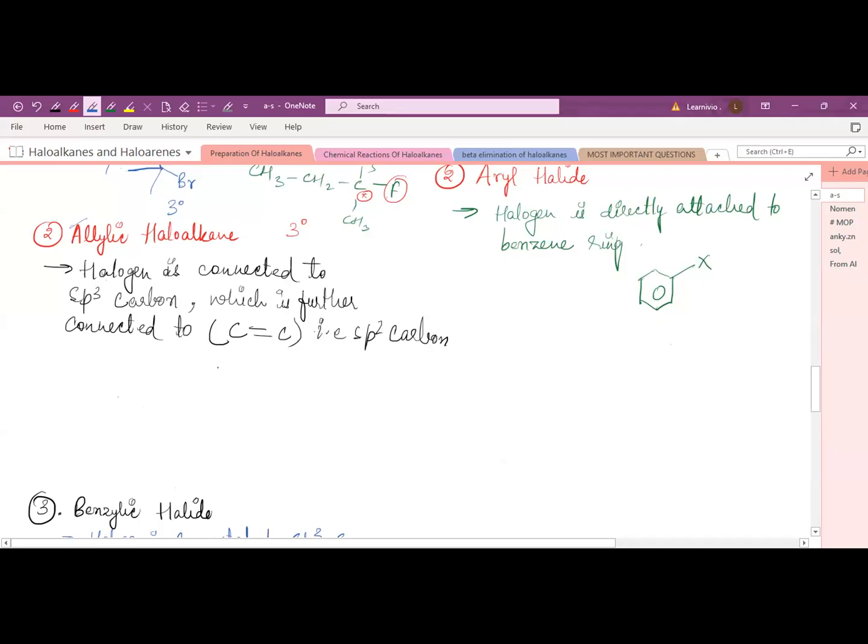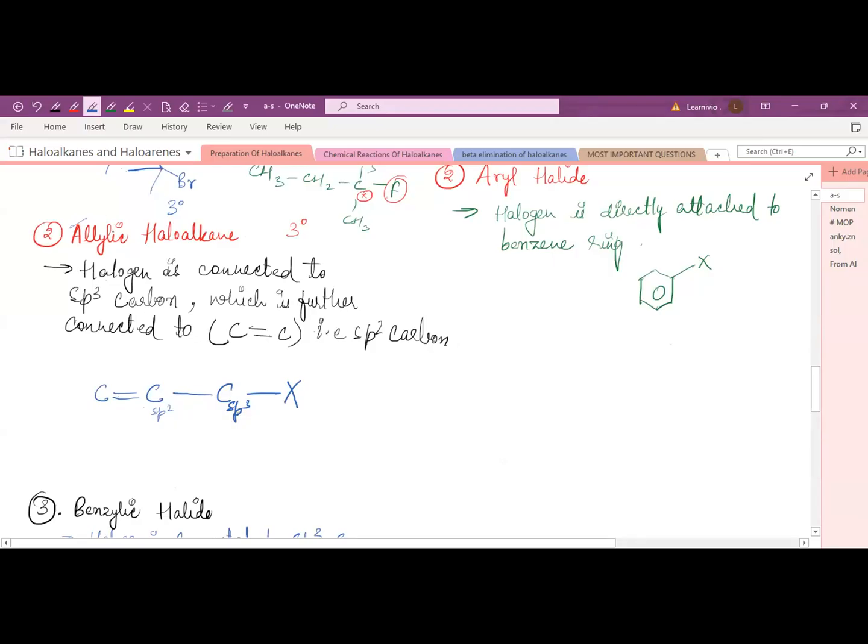Basically, the halogen is first attached to an sp3 hybridized carbon, and this sp3 hybridized carbon is further attached to an sp2 hybridized carbon, meaning a carbon-carbon double bond, right? I just told you a carbon-carbon double bond is basically an sp2 hybridized carbon.